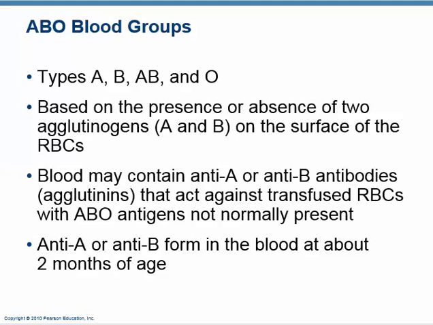The best known and probably the most important are the ABO groups. There are two types of antigen in this blood system.